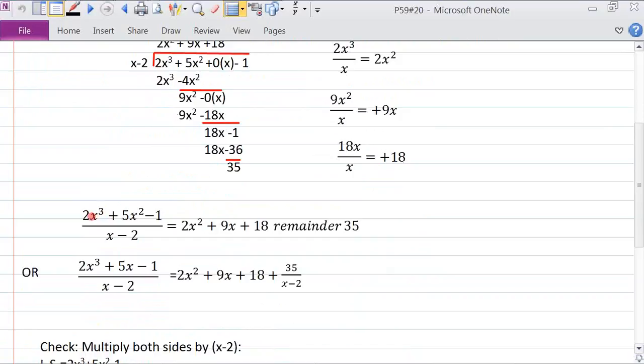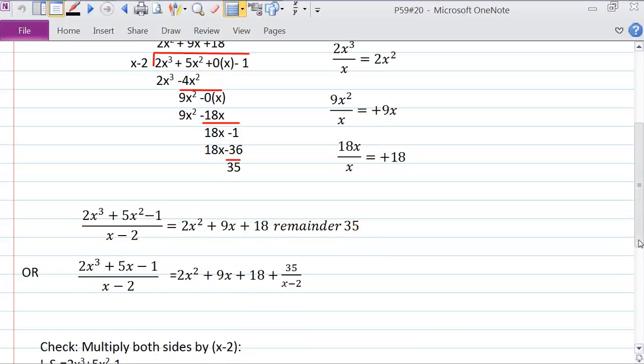So if I take 2x cubed plus 5x squared minus 1 and divide it by x minus 2, the quotient is 2x squared plus 9x plus 18 with a remainder of 35.